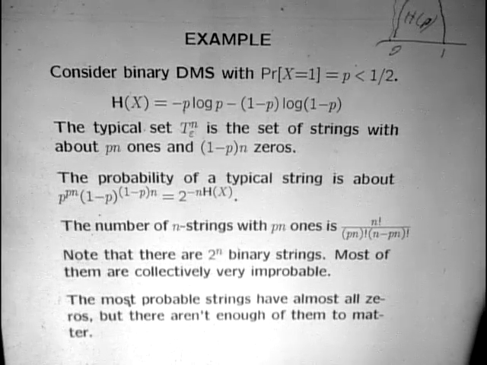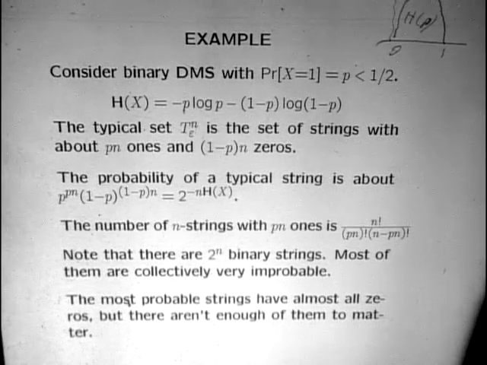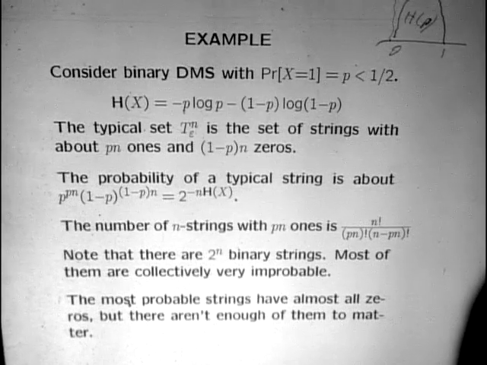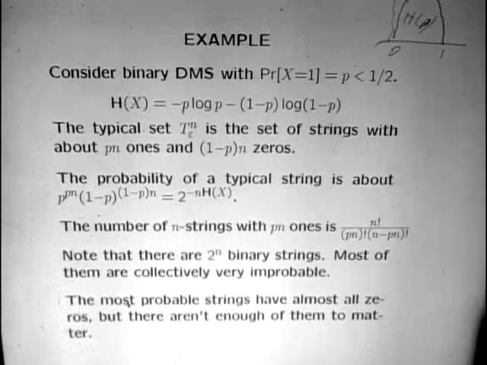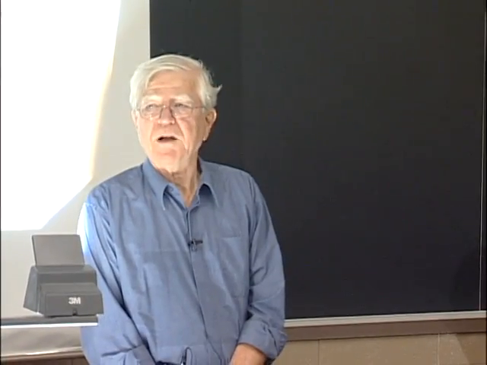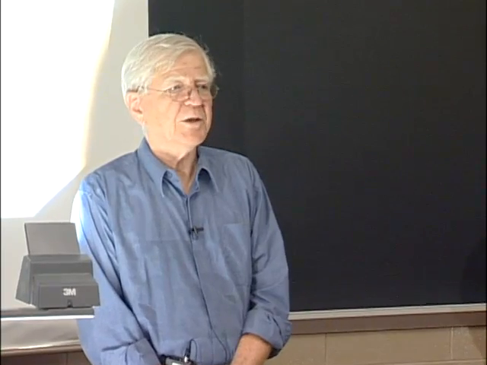Now, we have this typical set. What is the most likely sequence of all in this experiment? How do I maximize the probability of a particular sequence?